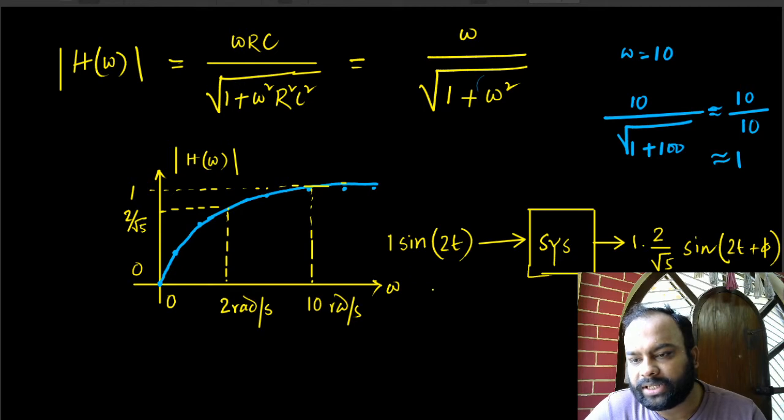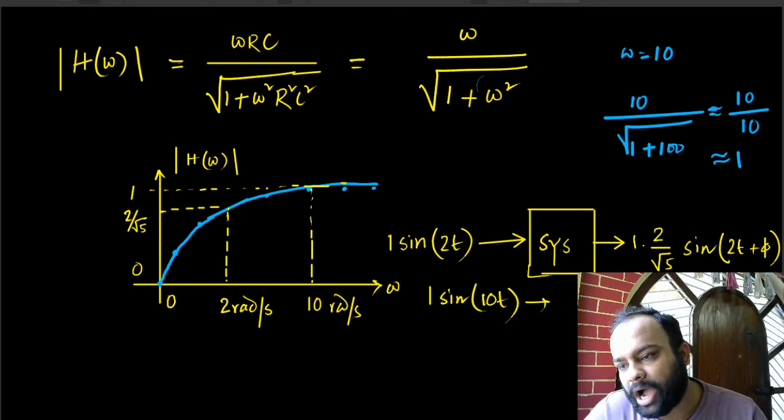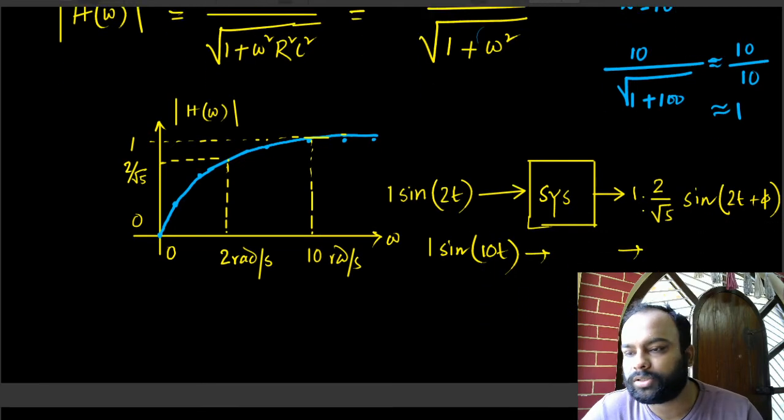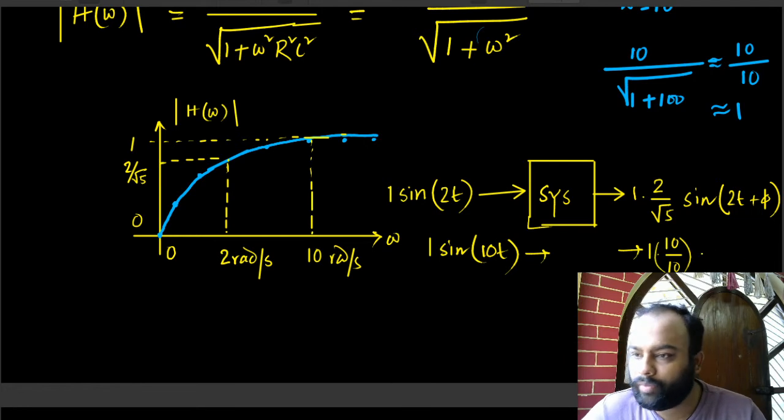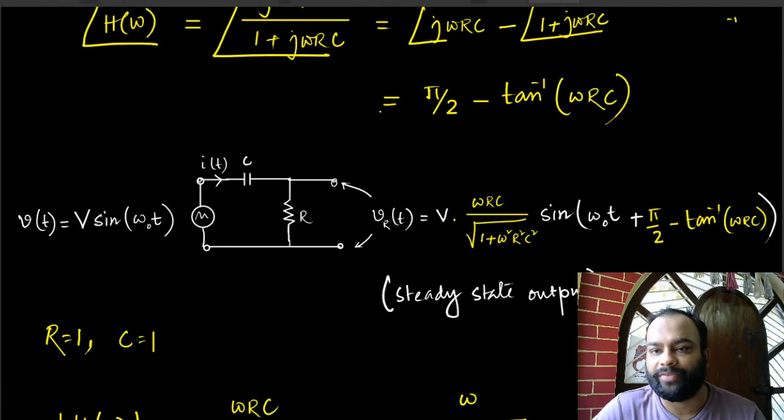So if this input signal is, say for example, 1 sine 10t, the output is going to be very close to 1 into, so what is the output? That is approximately going to be 10 by 10 here. So as I have shown already, the output's amplitude is approximately going to be 1, right, into sine 10t plus some angle phi. And that angle is determined by the phase response.